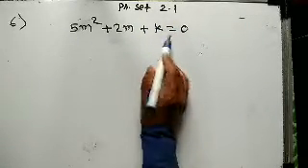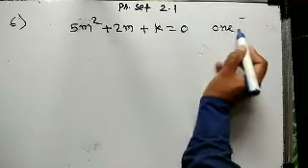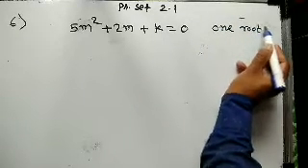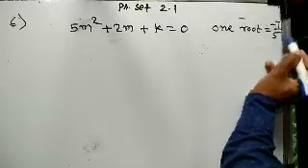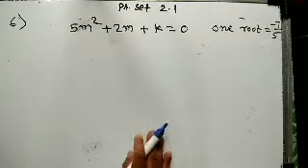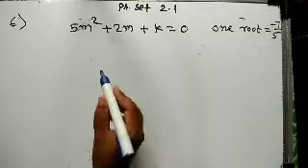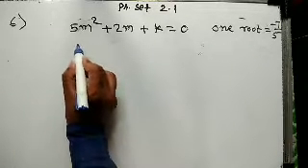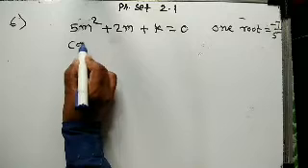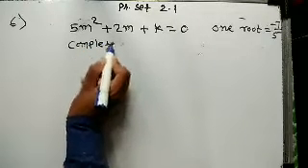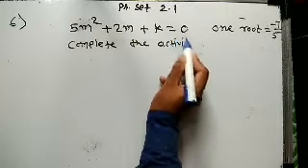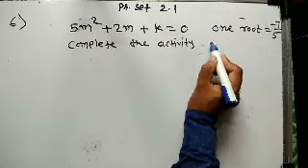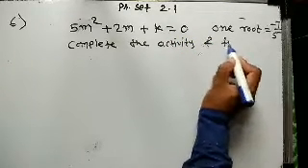Here this is the equation and one root is equal to minus 7 by 5. This is given: minus 7 by 5 is one root. Then complete the activity and find k.